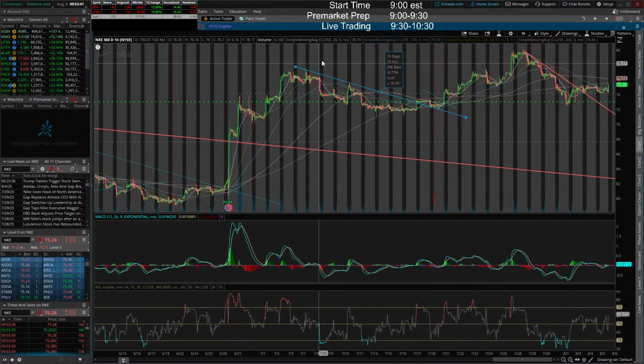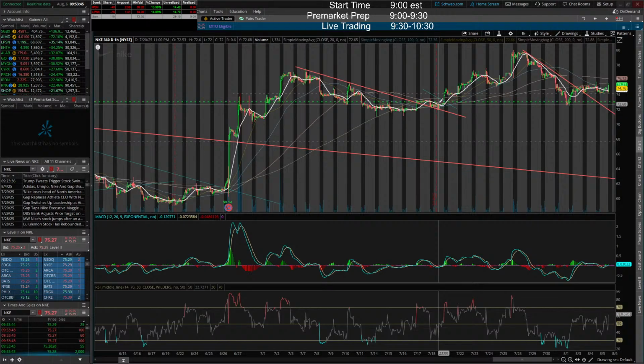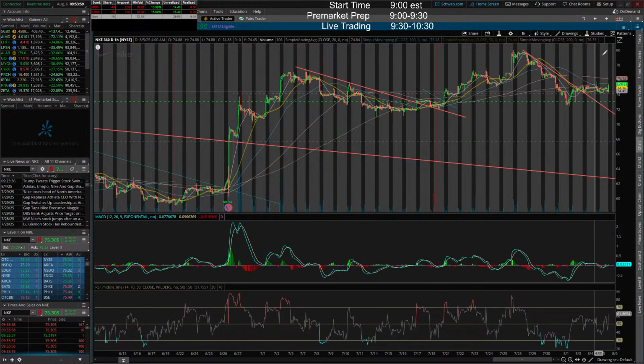But we traded this trend break, best setup in the market, and sold it into the breakout. Now, rebought right over here. So we're long Nike again. And this time we're looking for the push above 80.